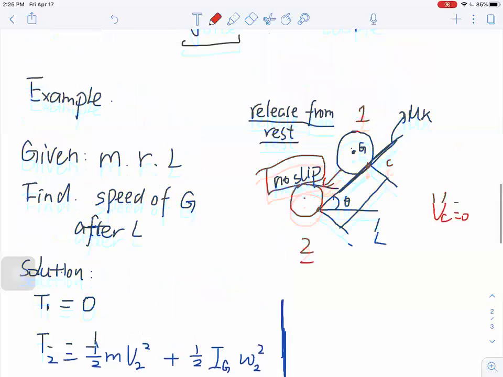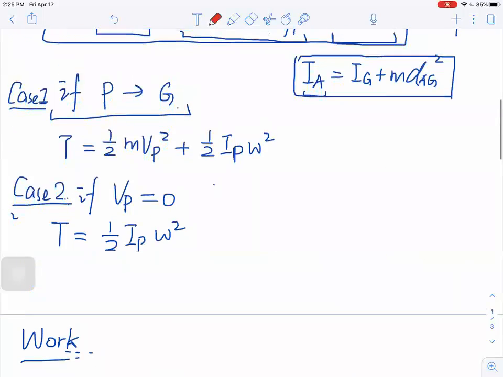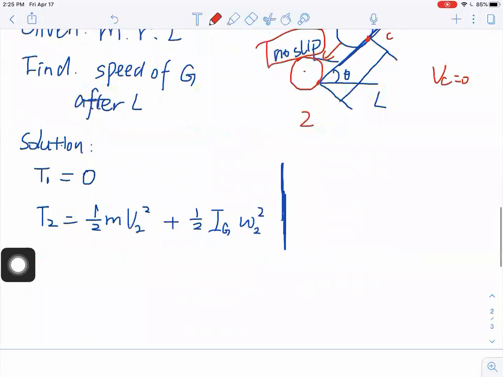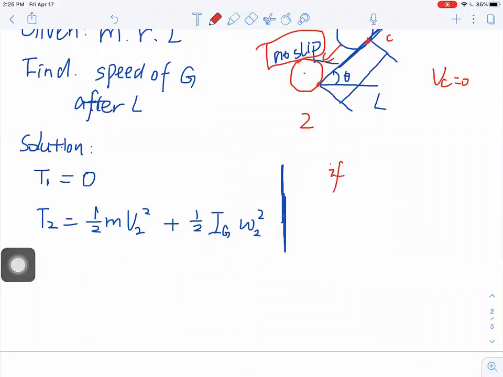Yes, that's right. So if we go back to the kinetic energy here, that's our case too. Do we have a point that has zero velocity? In that case, we can simplify this to 1/2 IP omega squared. If we pick C, we can still end up with T1 = 1/2 IC omega 1 squared.